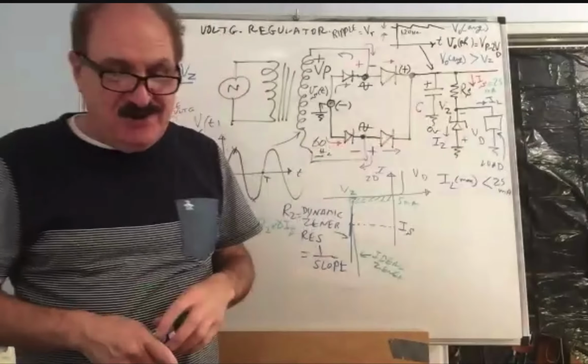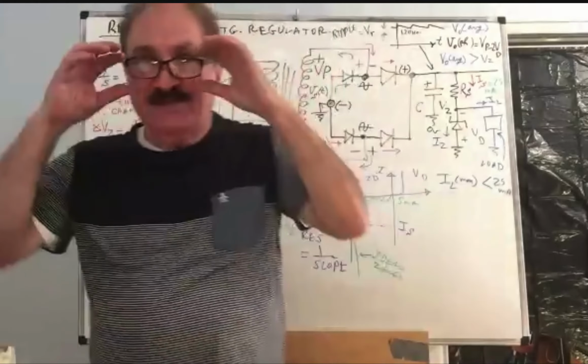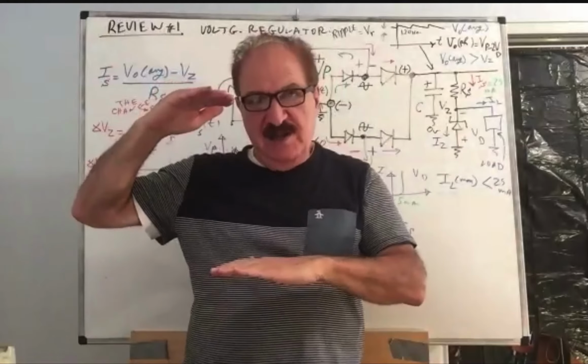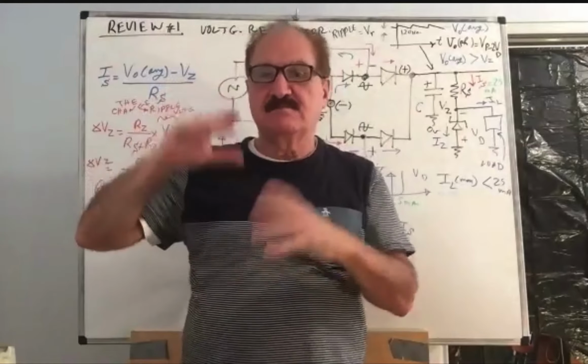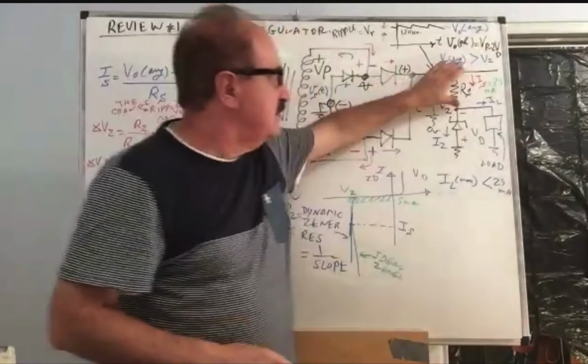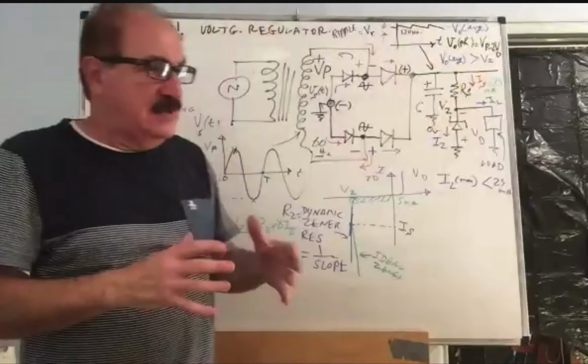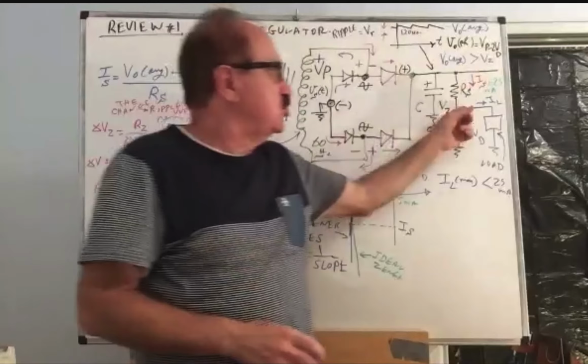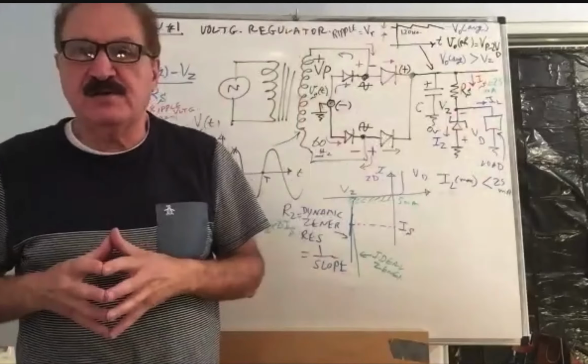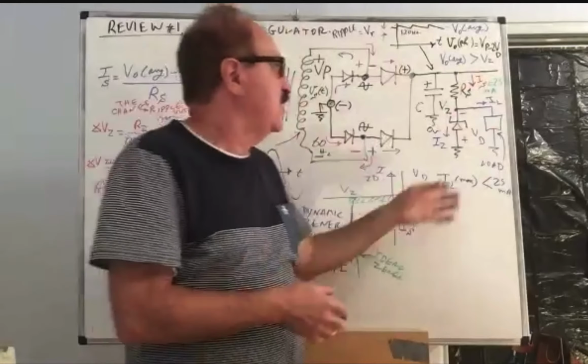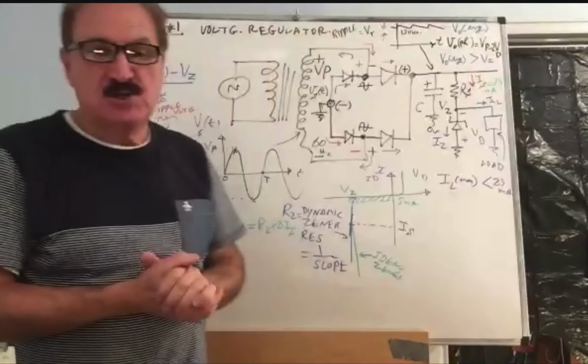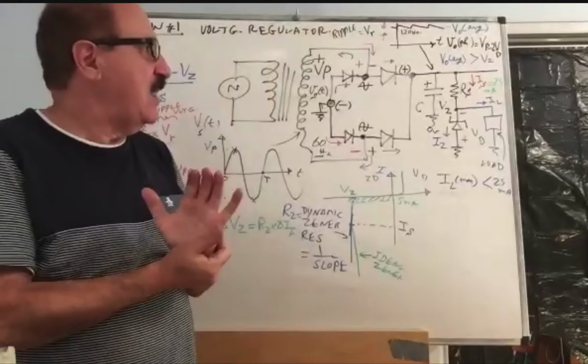So, on one hand, we have to keep that ripple voltage very little on the Zener by selecting RS reasonably large. And on the other hand, we want to draw a desired amount of current, and we can't do it straight from the Zener. So what's the solution for that?